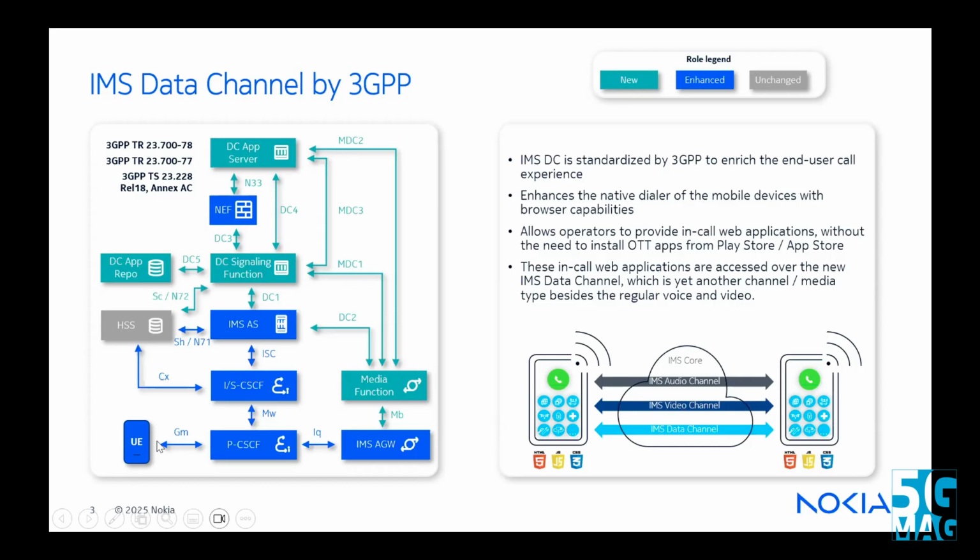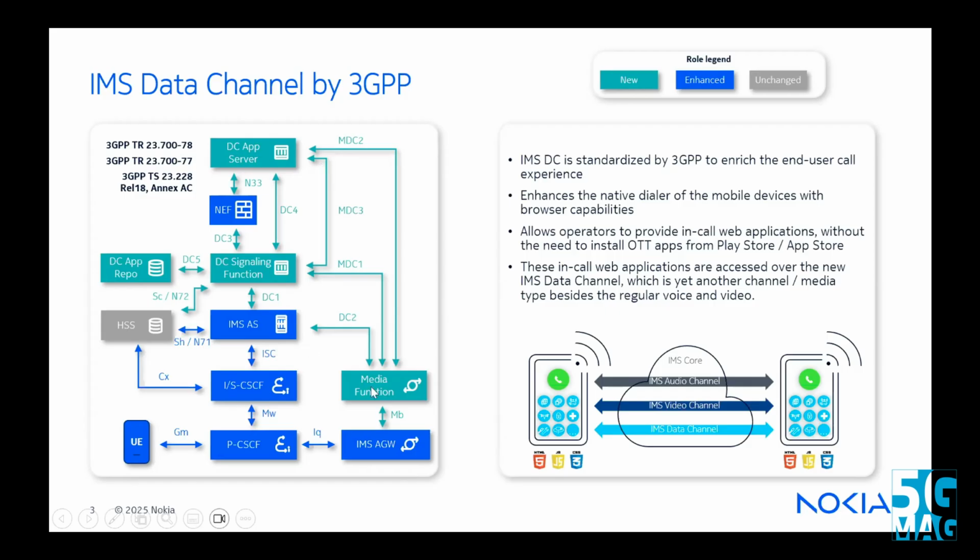And then over the IMS data channel, you can send additional metadata and additional components. For instance, you can have a DC application server, which is run by your MNO, or it is run by a third-party server that provides some functionality as part of this app.